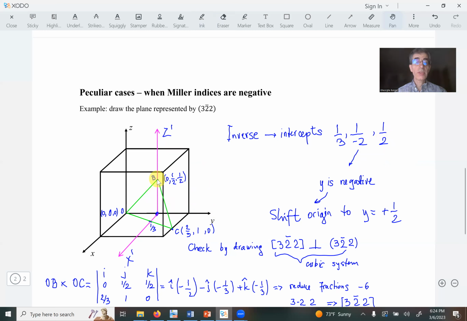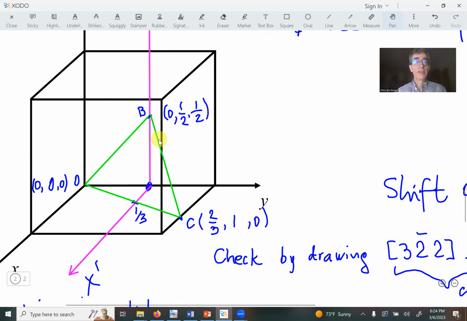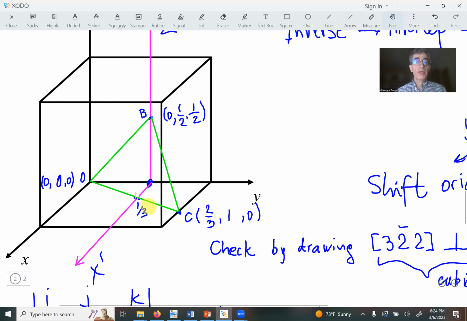I have this point B, this original index. The bottom line is that I do have this 1/3, and the question is how you draw this after we put it. So we have that one right there, and we set this point here.